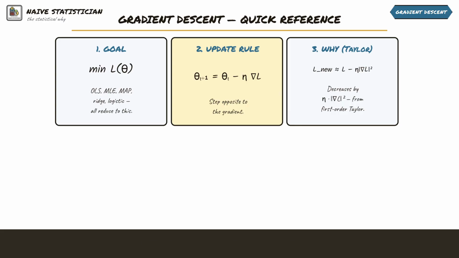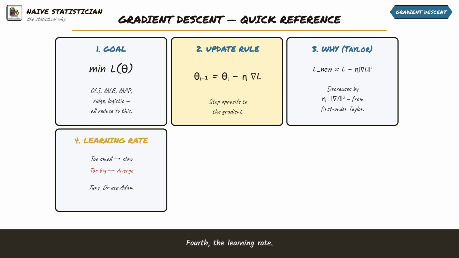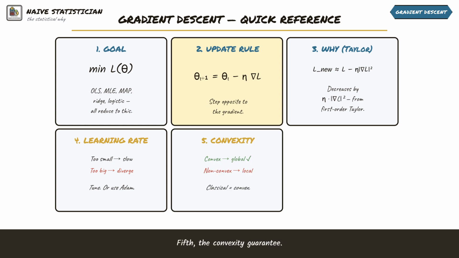The justification. From Taylor's first order expansion, L decreases by approximately eta times the squared norm of the gradient. That is the why. 4th, the learning rate. Too small means slow. Too big means divergence. Tune carefully.